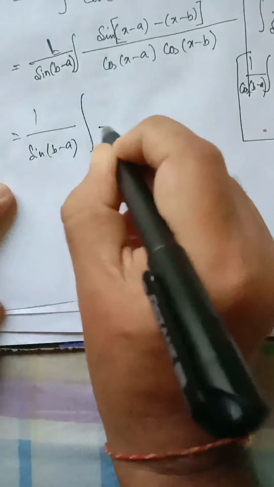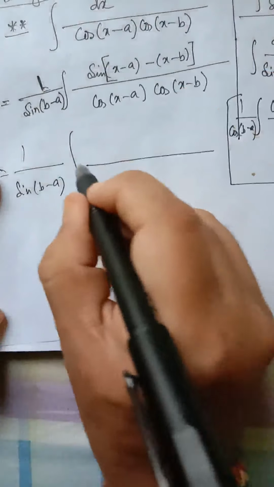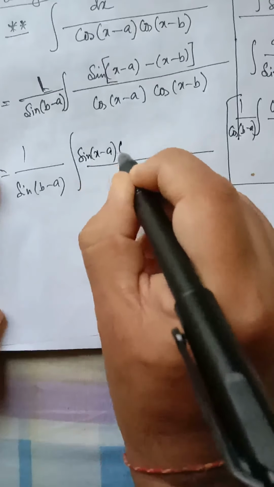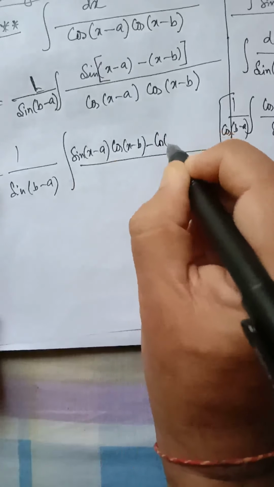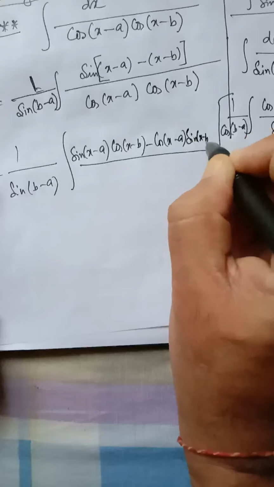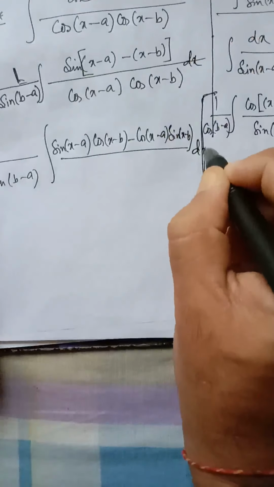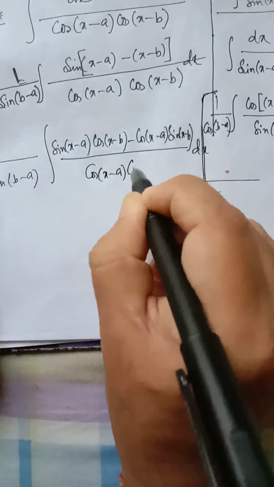What we will do here, now we will break the numerator by using the formula sin a minus b. It will be sin(x minus a) cos(x minus b) minus cos(x minus a) sin(x minus b). We have to write dx here, by cos of x minus a into cos of x minus b.